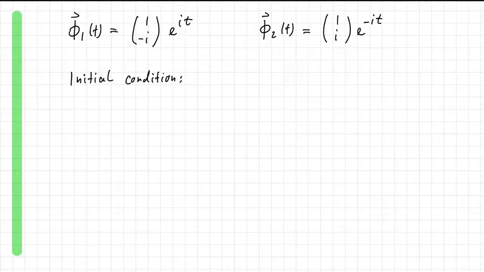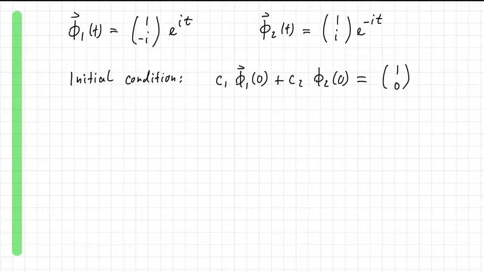Now we also need to choose the coefficients such that the initial conditions are fulfilled. We need to write down the initial condition explicitly. So we have c1 times phi 1 of 0 plus c2 times phi 2 of 0 equals 1, 0. Or if we just plug in what we have here, it's c1 times 1, minus i plus c2 times 1, i equals 1, 0.